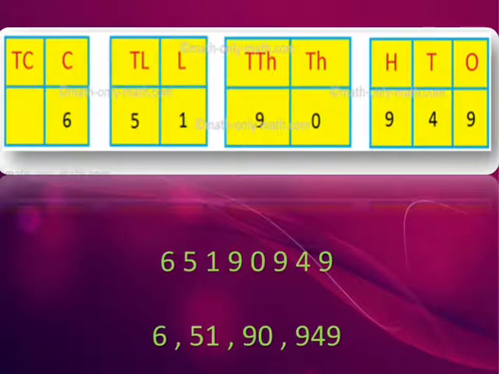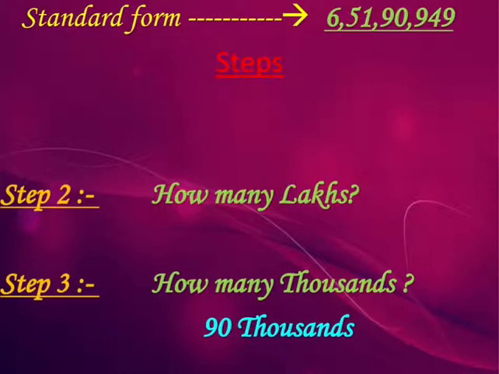Likewise in lakh also, since we have 2 places, after 2 digits we will place our comma. So our number will be 6,51,90,949, and it will be read as 6 crores 51 lakh 90,949.